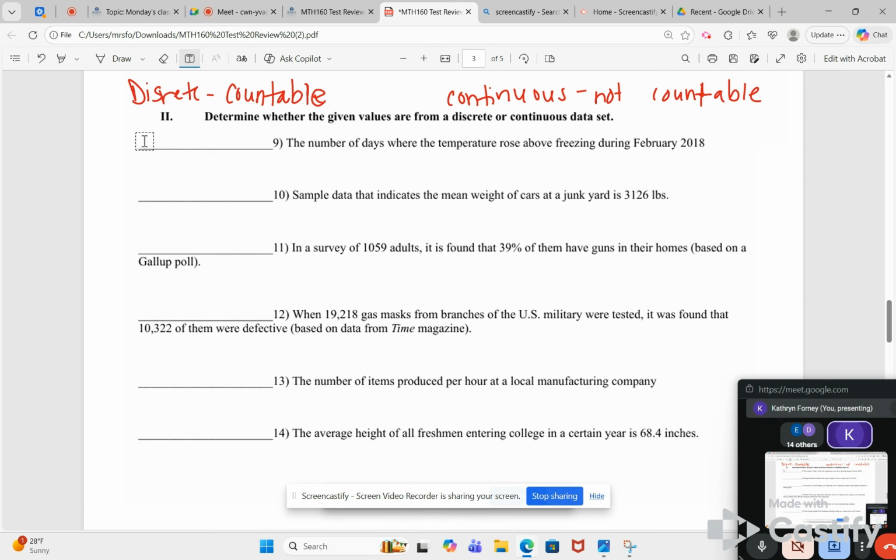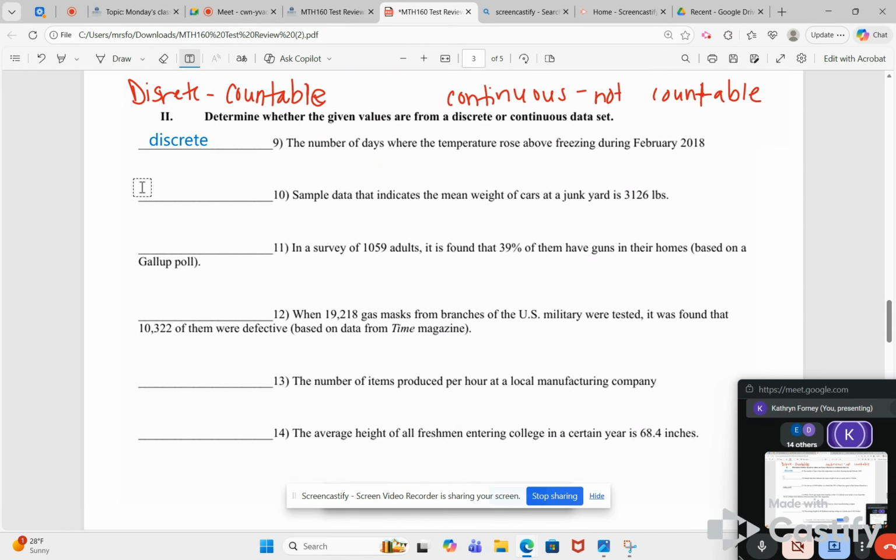All right. So the number of days where the temperature rose above freezing. How appropriate. Can we count the number of days? Yeah, so that is discrete.